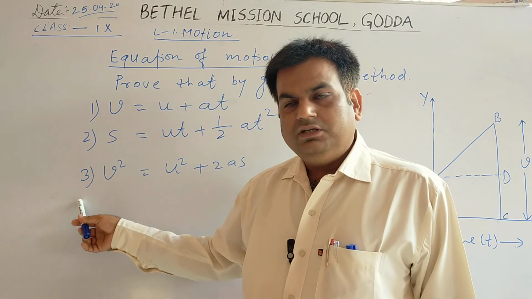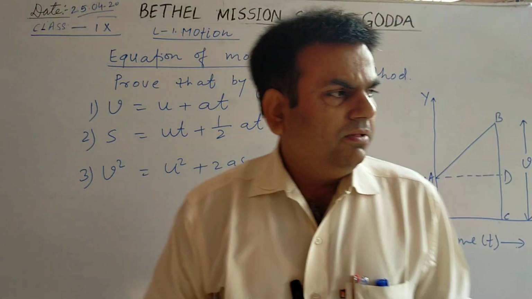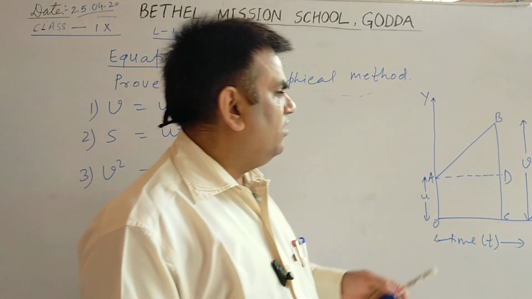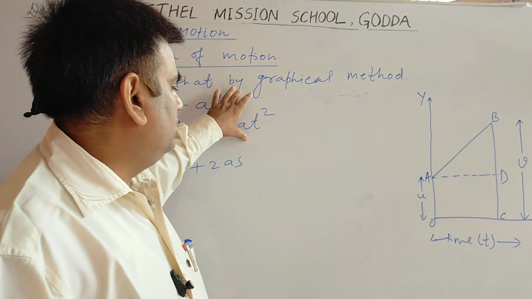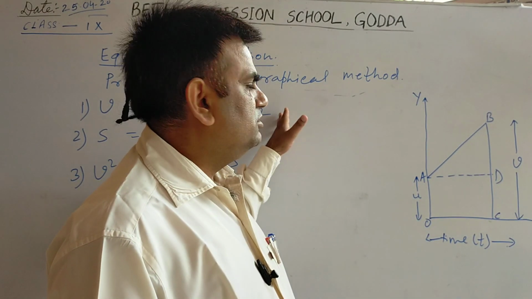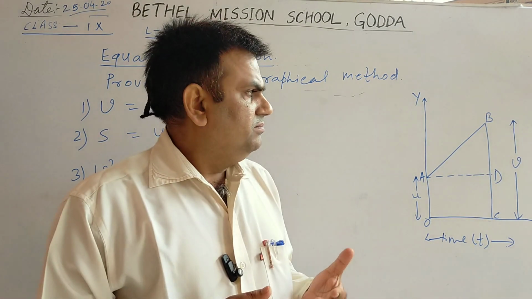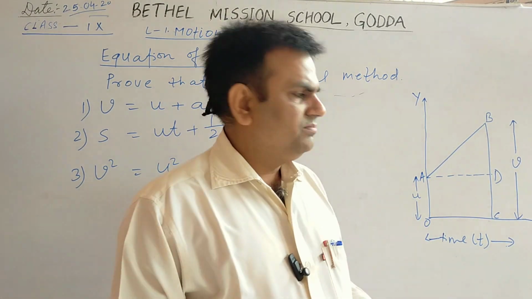All these three equations we will see using the graphical method. So here there is a graph. For the graphical representation of all these kinds of motion, we have a graph, and this motion is when the object is in motion.